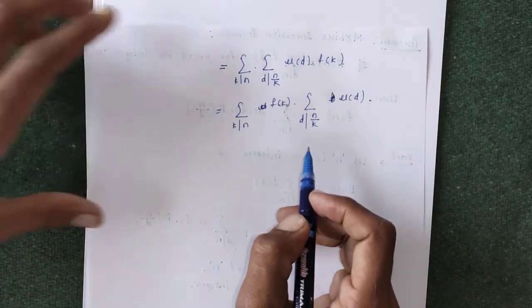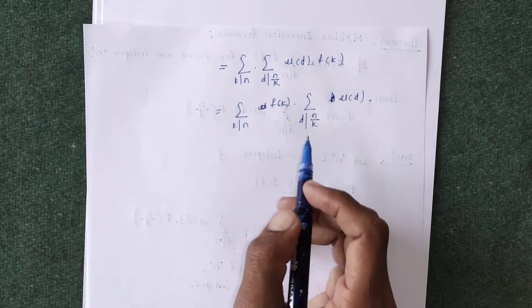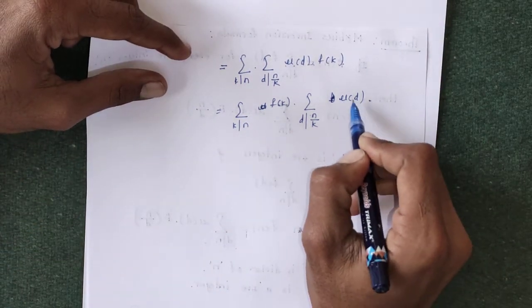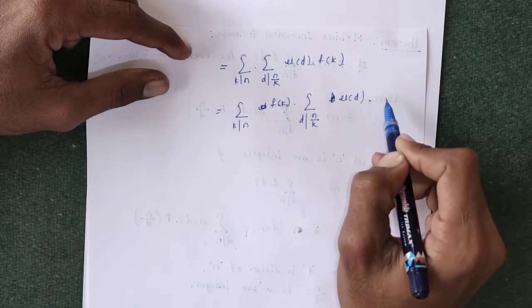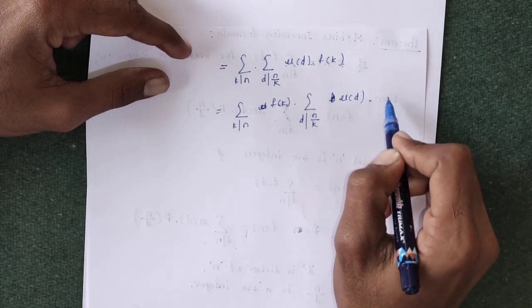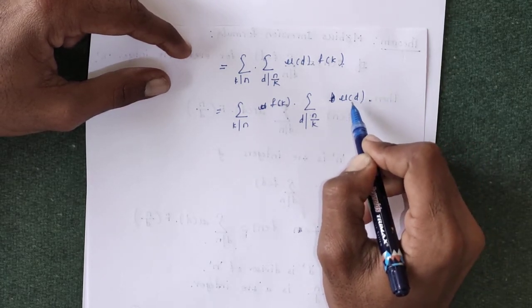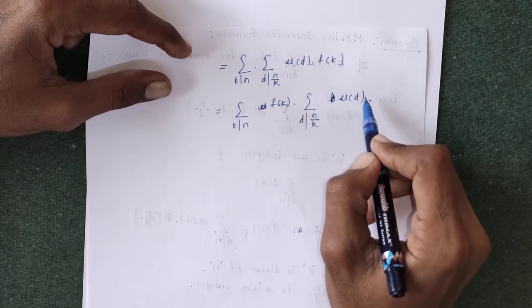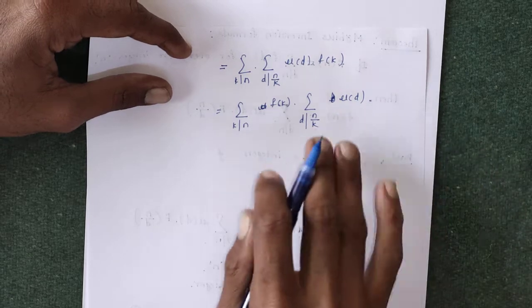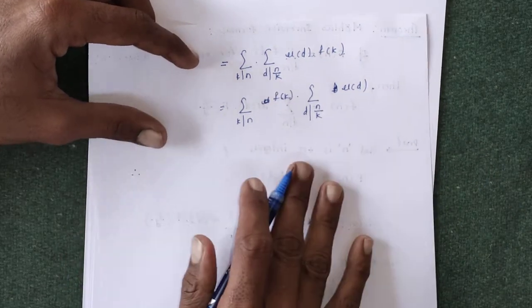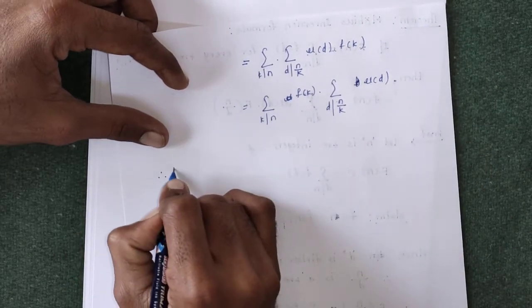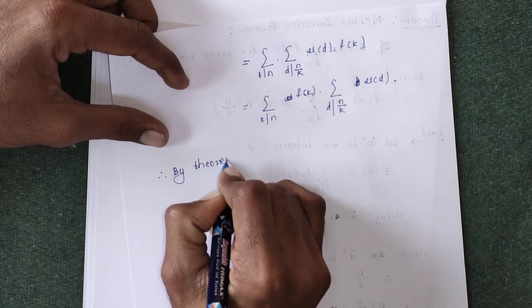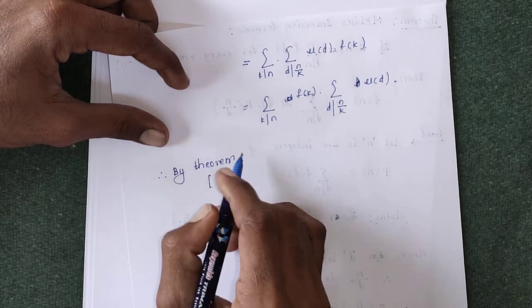And by the previous theorem which we discussed in the previous lecture, mu of d is equal to 1 if and only if d is equal to 1, and for other values of d, that is values greater than 1, mu of d is equal to 0. Therefore, by the previous theorem, you have to write the statement of the theorem.